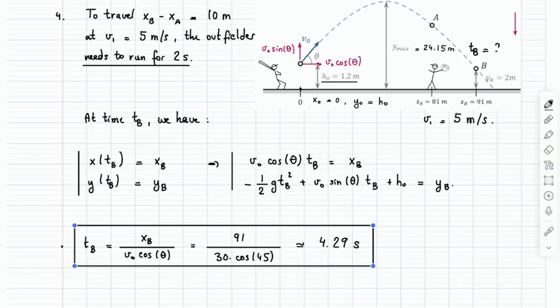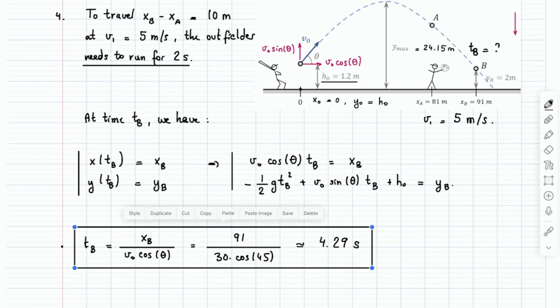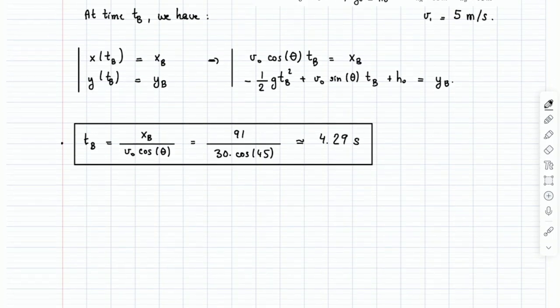Okay, so at least it takes the ball 4.29 seconds to get to point B, and since it only takes the outfielder 2 seconds to run from XA to XB, he can actually catch the ball. And in fact, the longest he can wait is the difference between the two, right?